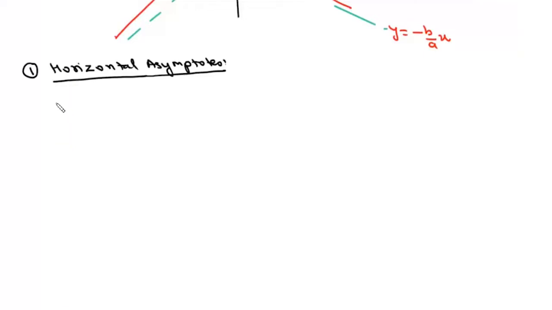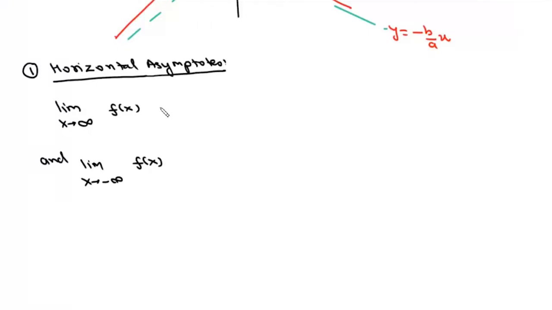First, we'll discuss how to find horizontal asymptotes. Now basically finding horizontal asymptotes is easy, because in this case, this line appears to meet the curve at either plus infinity or minus infinity. So for this, we'll calculate these two limits: limit x tends to infinity f(x) and limit x tends to minus infinity f(x).